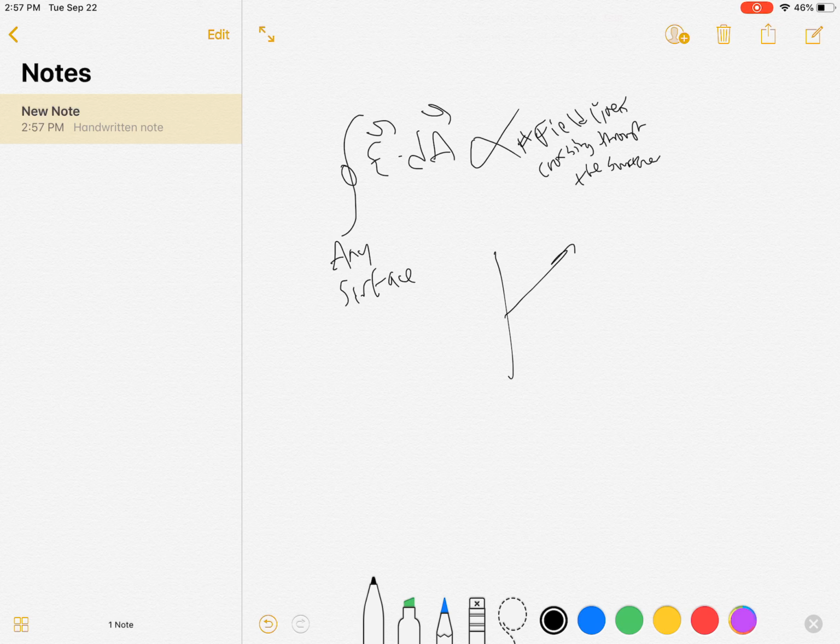And so we really take the flux to equal, in this case, the number of field lines crossing through this line. This might seem like a weird analogy, so I'll make this a square just so it makes a bit more sense. It'll be the number of field lines that cross through the square.